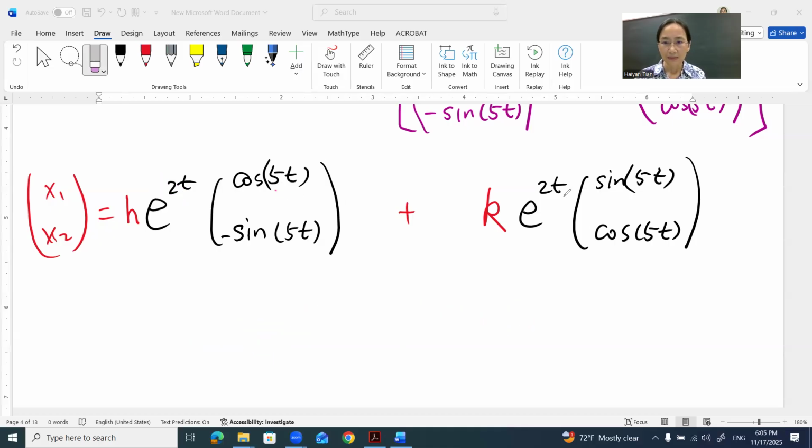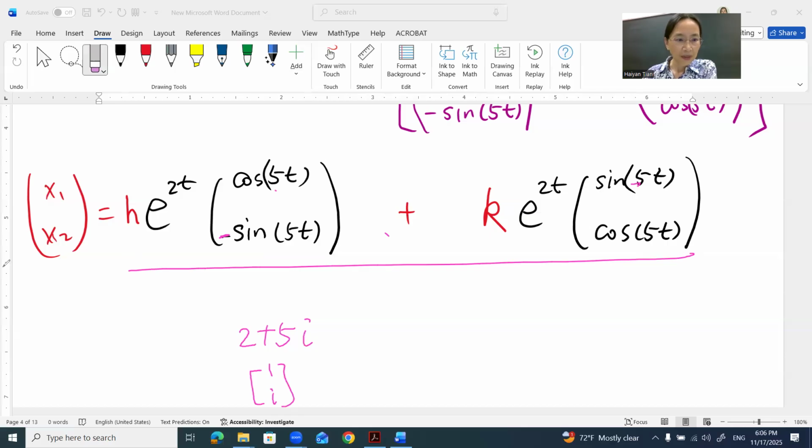We can choose 5, but -5 may cause some sign change somewhere. So it doesn't matter. You just use 2 plus 5i, then we use its corresponding eigenvector, and we can already get this general solution formula. So this eigenvalue and its conjugate produced this pair of general solutions for the system.